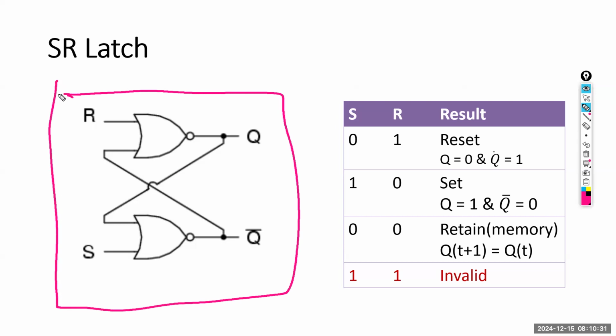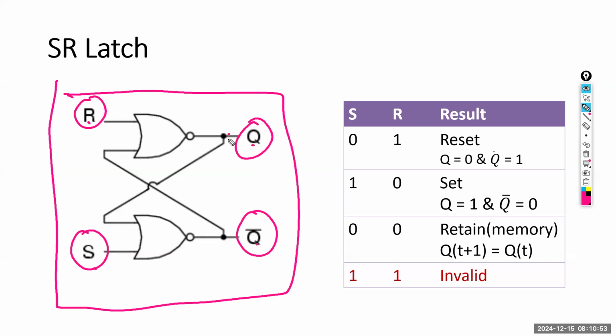It's very simple. You just need two NOR gates and two inputs and two outputs. Usually we call these the reset or R input, and the set or S input. These outputs are called Q and Q bar.